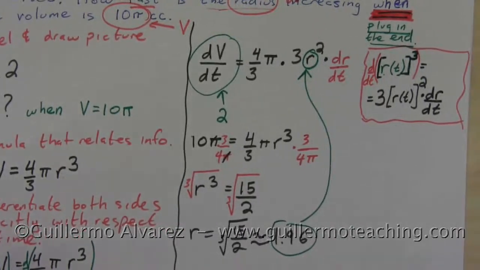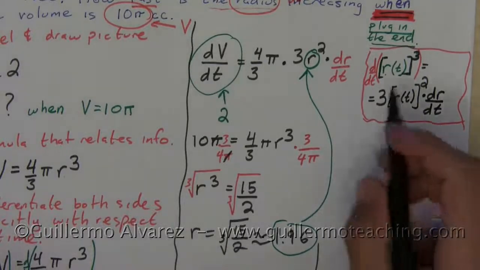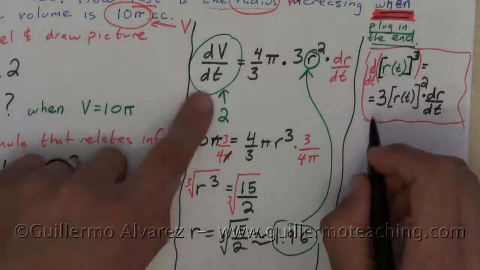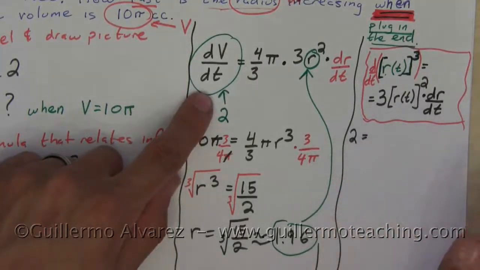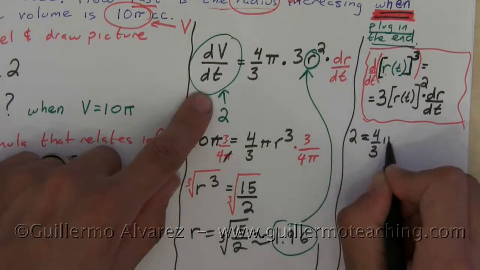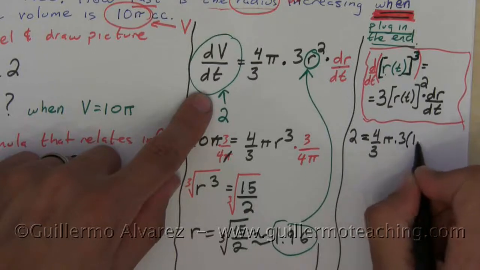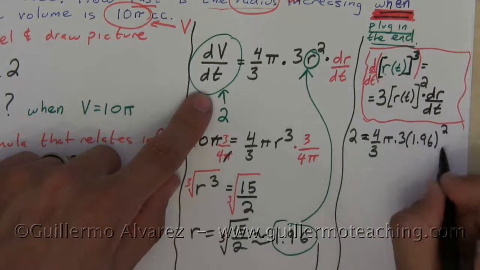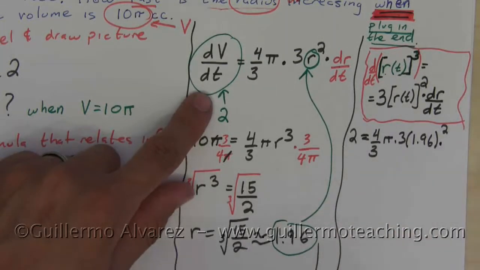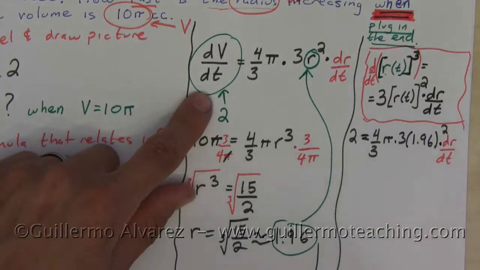Okay, so from here it's just a tiny bit more work to plug everything in. If we plug this in, we'd have 2 is equal to 4/3 pi times 3 times 1.96 squared times dr over dt.